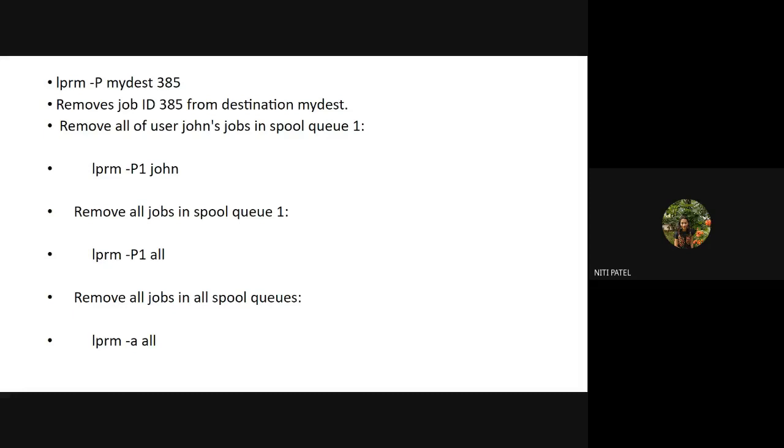So when I want all the files of one particular user on a particular printer to be removed, I have to use this command where I do not have to specify the file name. I do not specify the file name because I want all the files to be removed. Okay. Now, if I want a particular file to be removed, what will I write over here? lprm -P1 John ABC.txt.